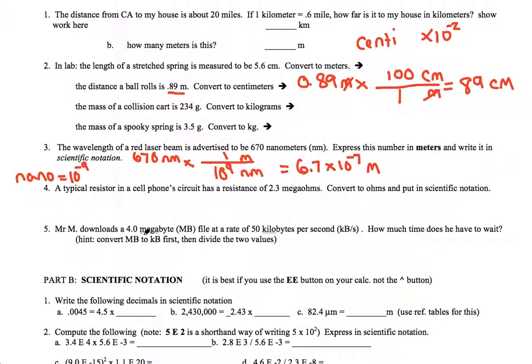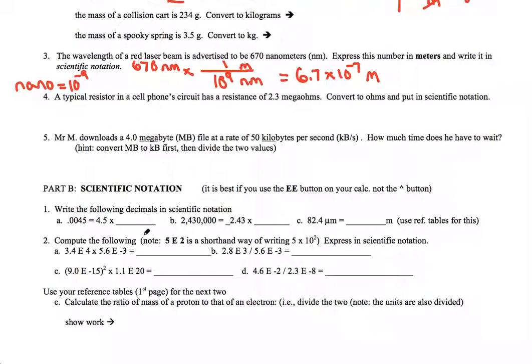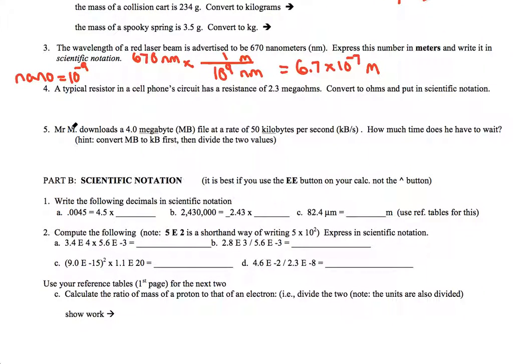Now the next one was the file download. If I'm downloading a 4 megabyte file at a rate of 50 kilobytes per second, how much time do I have to wait? What I want to first do, and I suggested, is convert megabytes to kilobytes. If I'm trying to get rid of the megabyte, I put megabyte down below and kilobyte up top. I look up that mega is times 10 to the 6th, and kilo represents 10 to the 3rd.